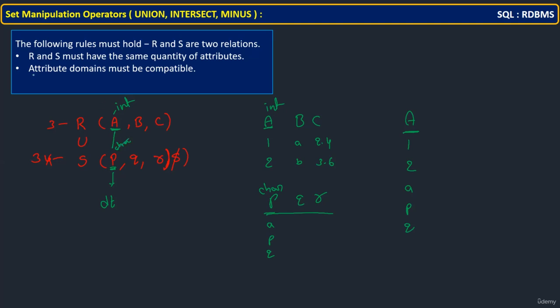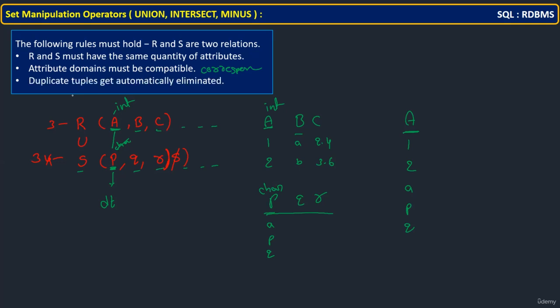That is why attribute domains must be compatible correspondingly. The meaning is that the first attribute in the first relation and the first attribute in the second relation must be the same. Similarly the second, and the third in both relations. However many attributes you have, the corresponding attribute domains must be the same in both relations. That is another thing you must ensure.